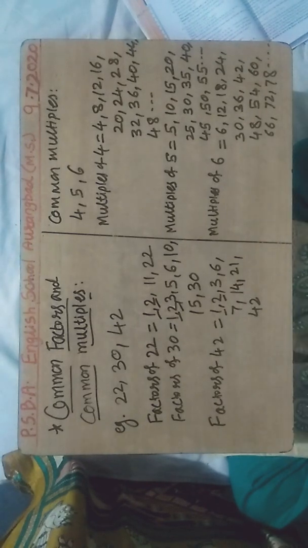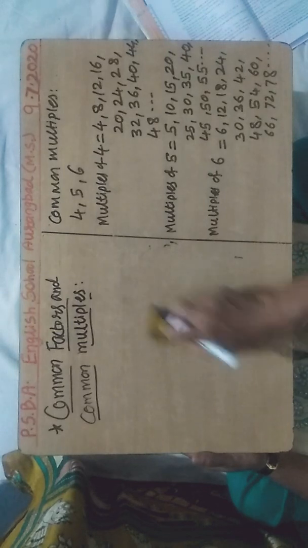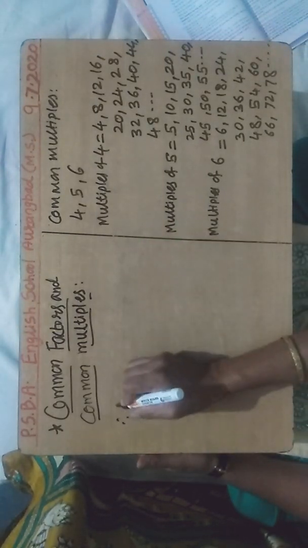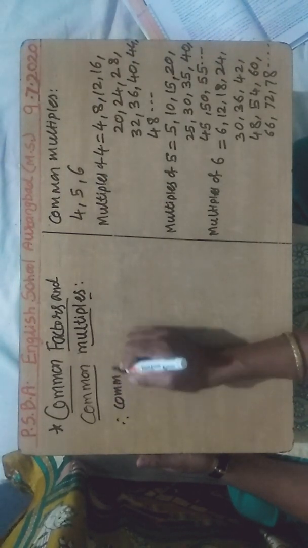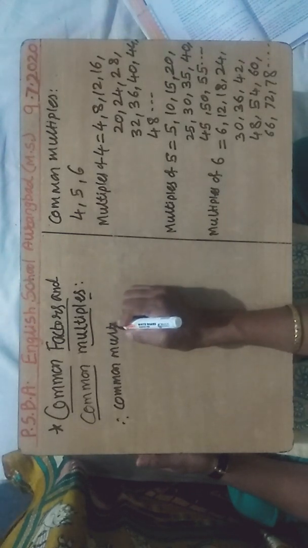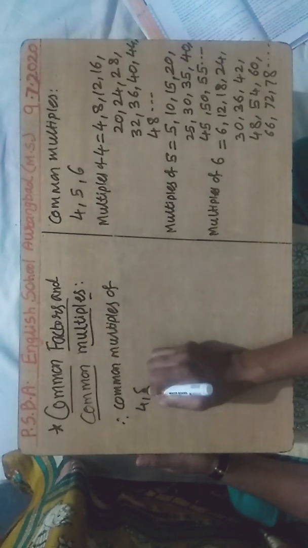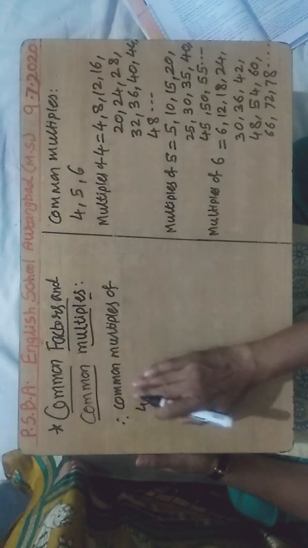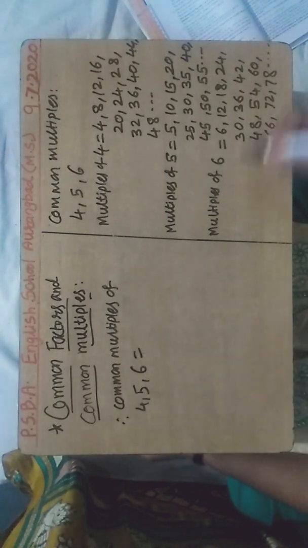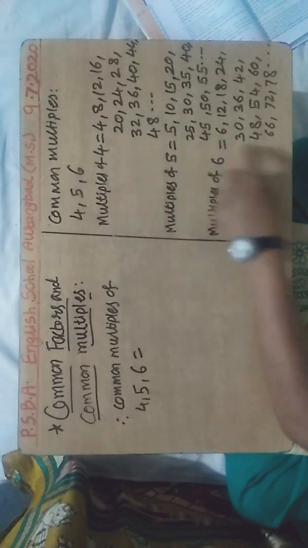Okay. Now if we want to write the common multiples of these three numbers, we can write here. Therefore, common multiples of 4, 5 and 6 are, I will underline the common multiples first. 4 is here, 5 is here, 4 is not there.